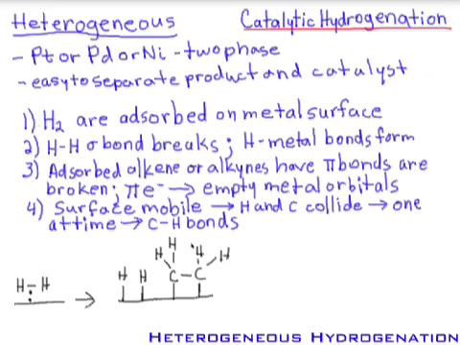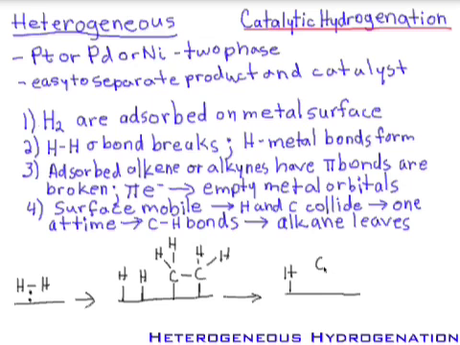And once the alkane's formed, the alkane leaves the catalyst. So how would this look? Well, next they collide, and what you get then, still have an H bound. Now you have the CH3.